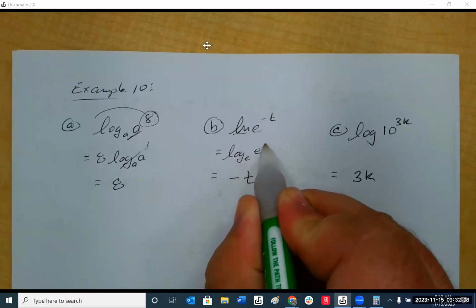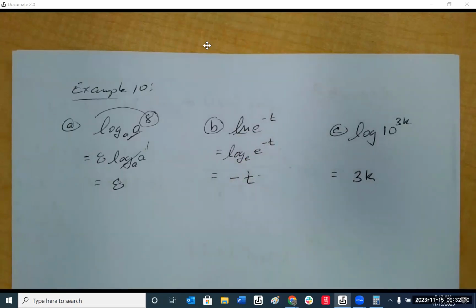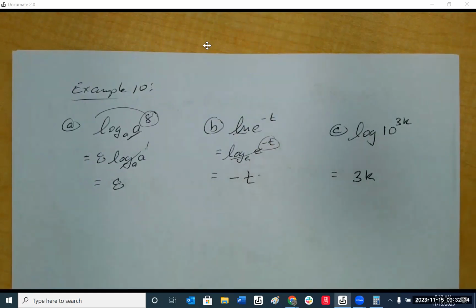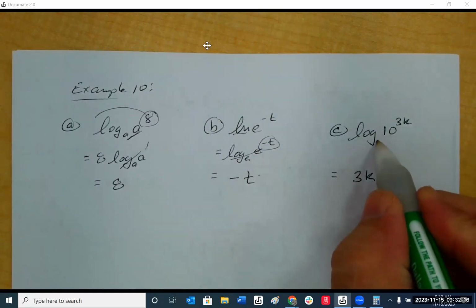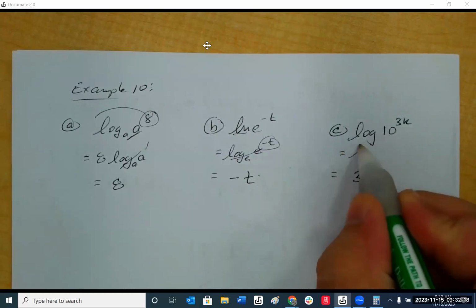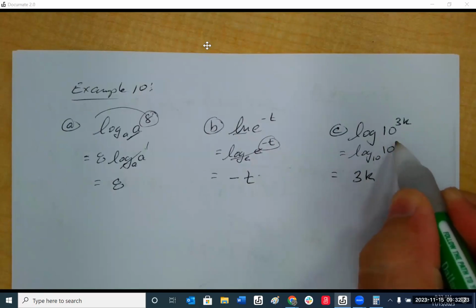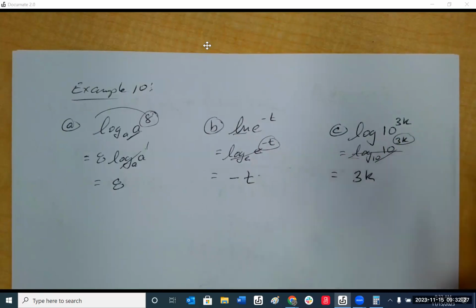Log base e of e to the negative t. Since they're the same, they cancel out. And there's no base here. Since it's a common log, it's base 10. Since they're the same, they cancel. We'll just have 3k.